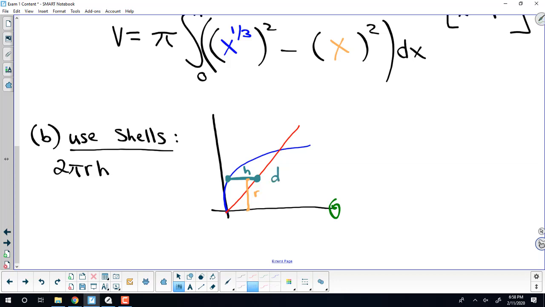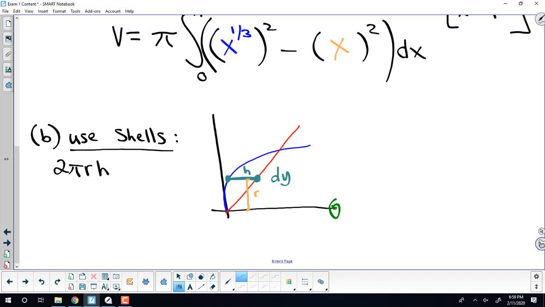That means we have to integrate with respect to y. So if you did 2 pi times the radius in terms of x times the height in terms of x, you're just going to miss that problem. It's super crucial to set this up correctly.